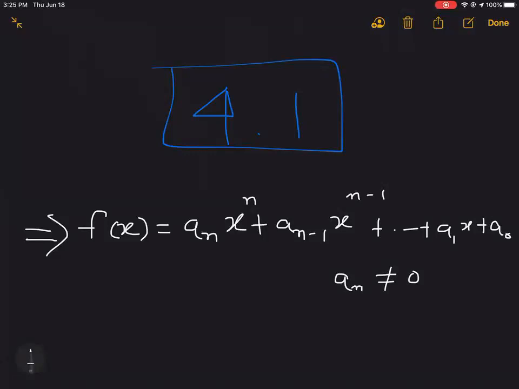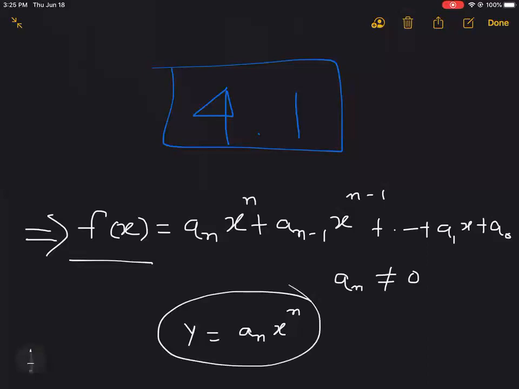Now, what if I say that the graph of this huge polynomial, this big function, actually looks like the graph of, let's say, y equals an x to the n? What if I say it looks like this?